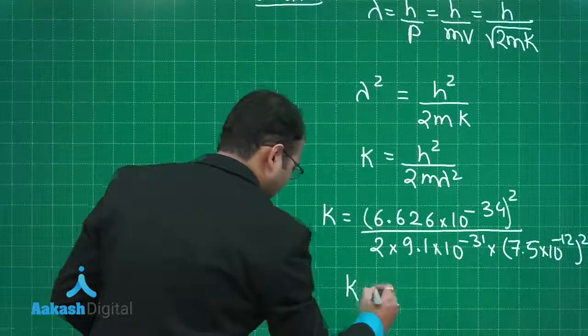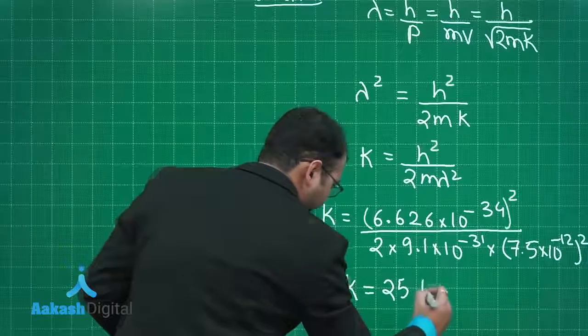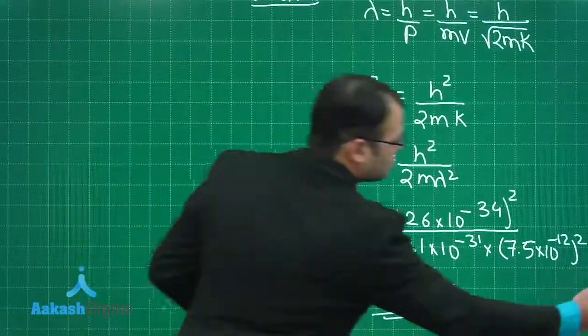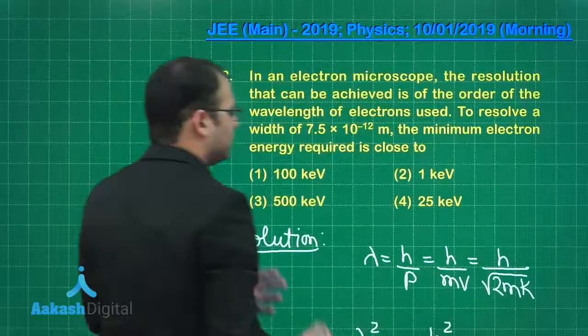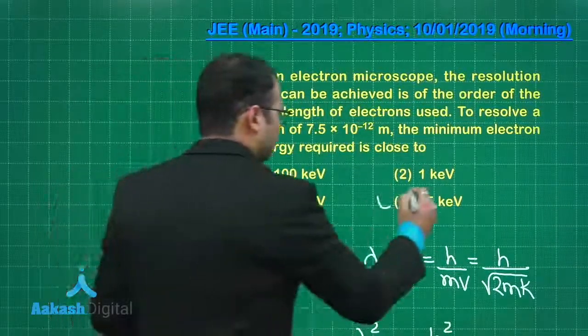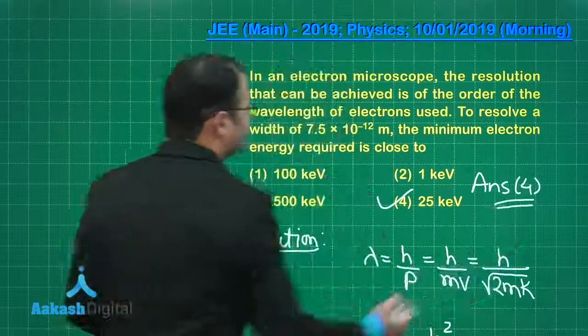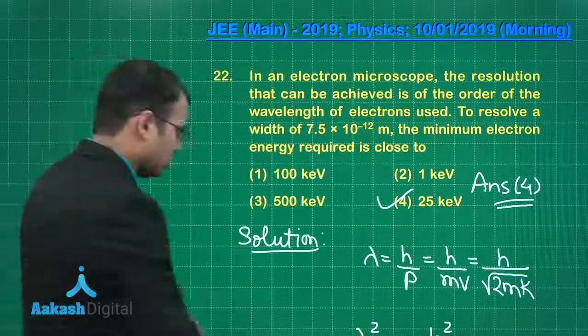Solving this, you will get K as 25 kilo electron volt. Let's see which is the best suitable option here. As far as these four options are concerned, option number 4 is the answer to this question. Let's move forward for question number 23.